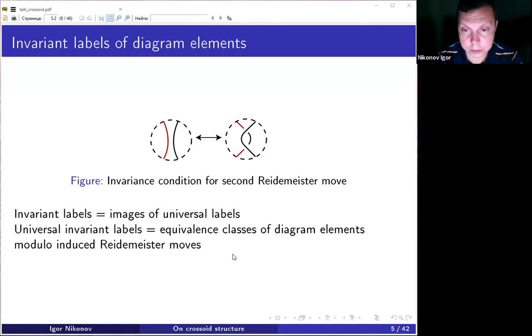And one can define these universal labels as the knot diagram elements themselves. So the universal labels of arcs are just the set of arcs for all diagrams, modulo equivalence relations induced by Reidemeister moves.